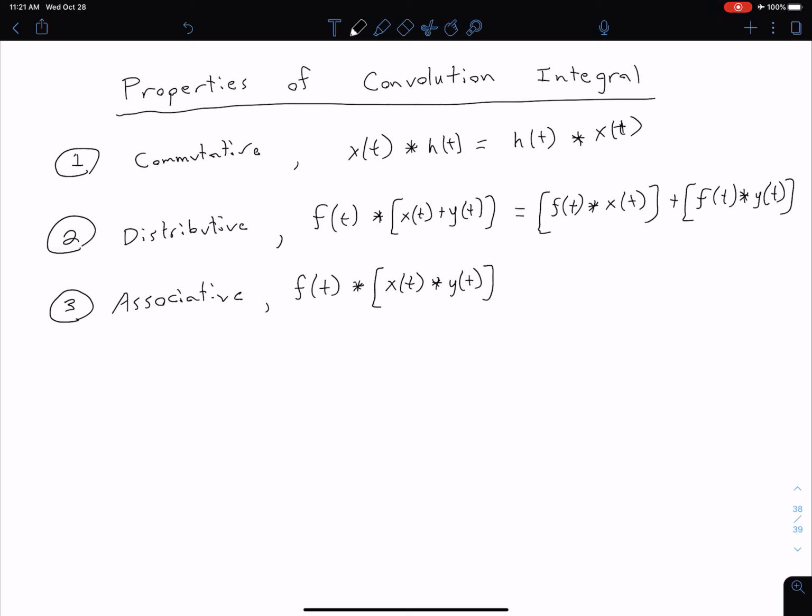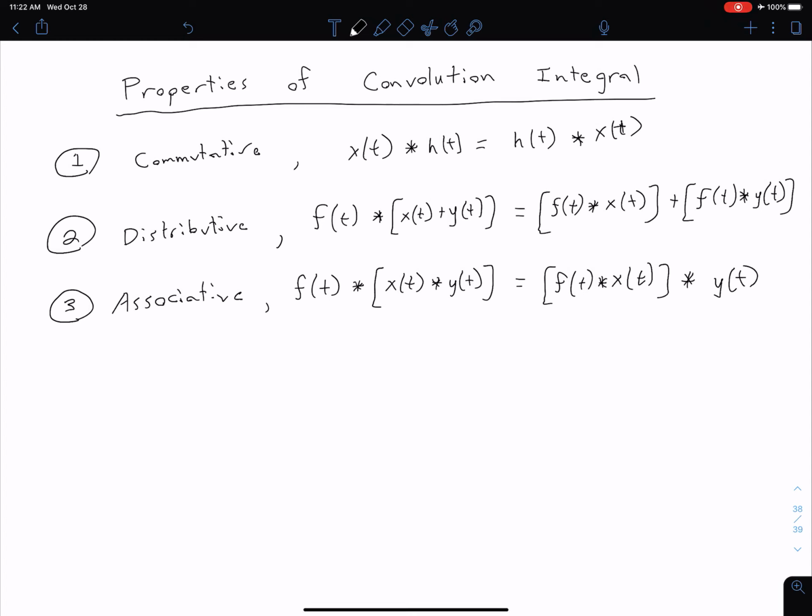They're not necessarily input, output, impulse response, anything like that. So for our associative property, we're saying it doesn't matter what order we do these convolutions in. We could also do f of t convolved with x of t first, put that term in brackets, and then convolve that with y of t.